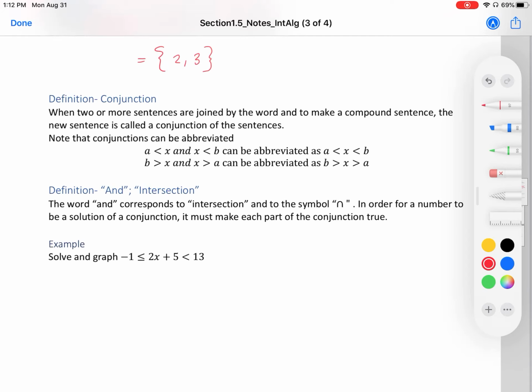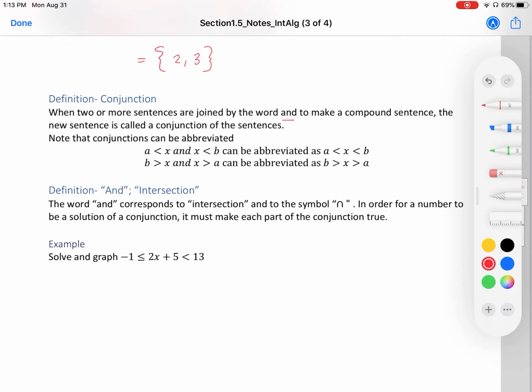Next definition, conjunction. When two or more sentences are joined by the word and to make a compound sentence, the new sentence is called a conjunction of the sentences. Note that conjunctions can be abbreviated.